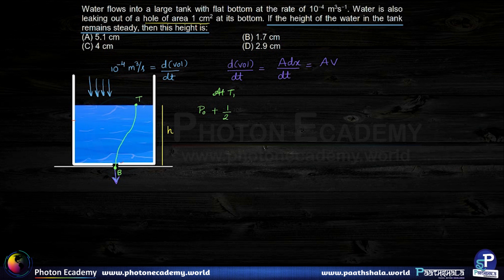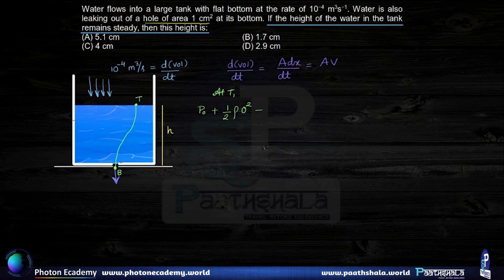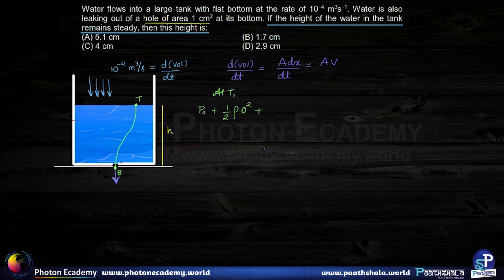So half rho 0 square will be the second term, which is the energy per unit volume term. And the third term, the potential energy term, is going to be there. Let us say we take the bottom of the tank to be the reference potential energy level, then this point is at a height h. Since it is at a height h, its potential energy is going to be rho g h.